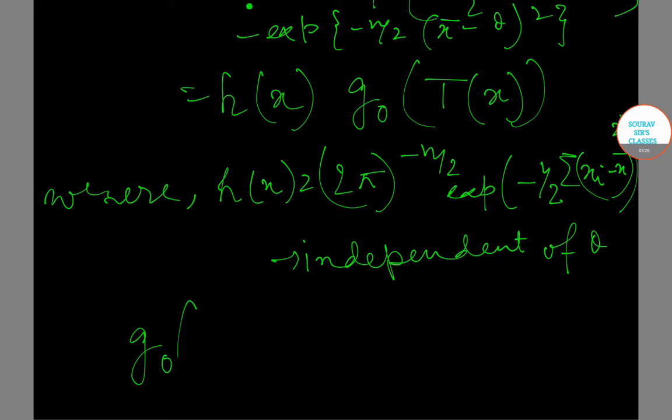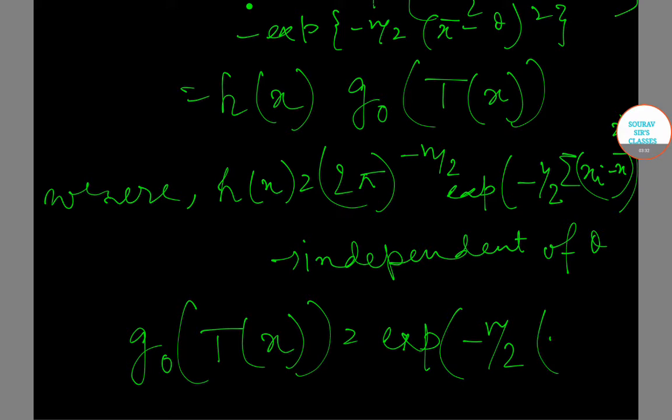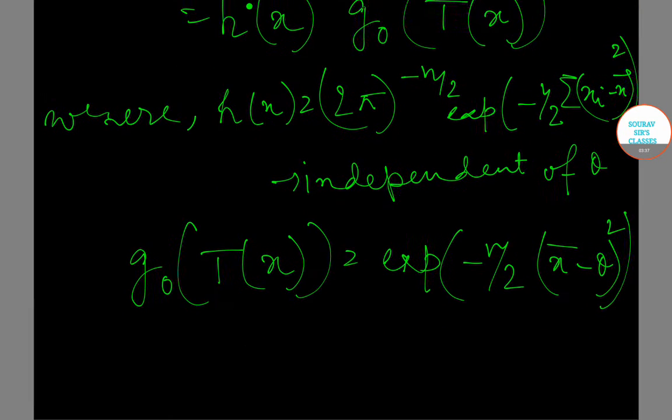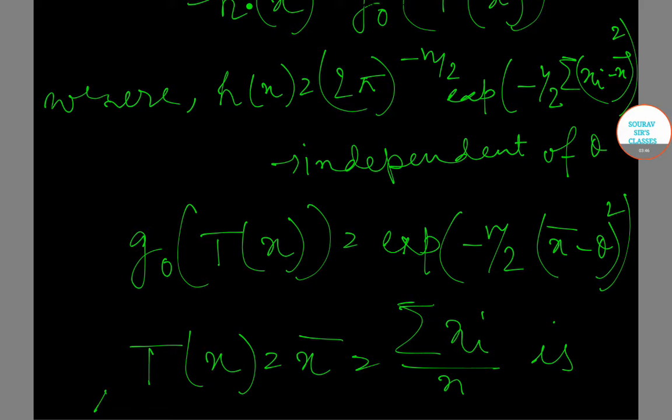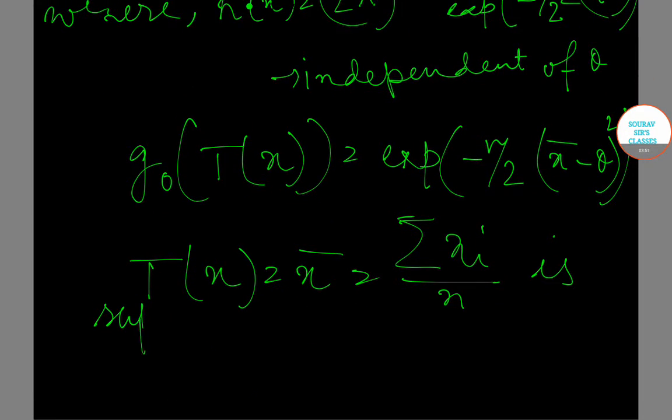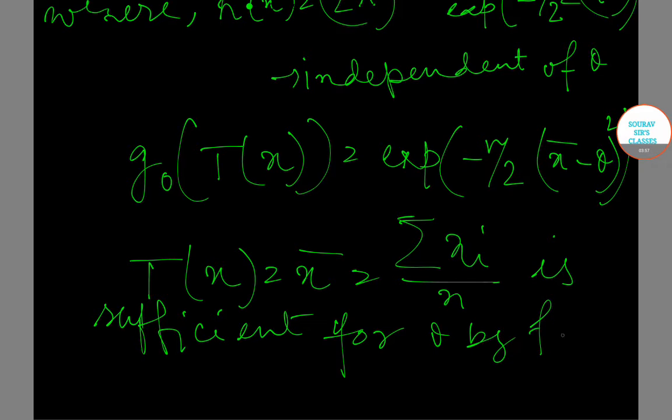Now g theta of T of x is equal to exponential of minus n by 2 x bar minus theta square. So, T of x is equal to x bar, which is summation of xi by n, is sufficient for theta by the factorization theorem.